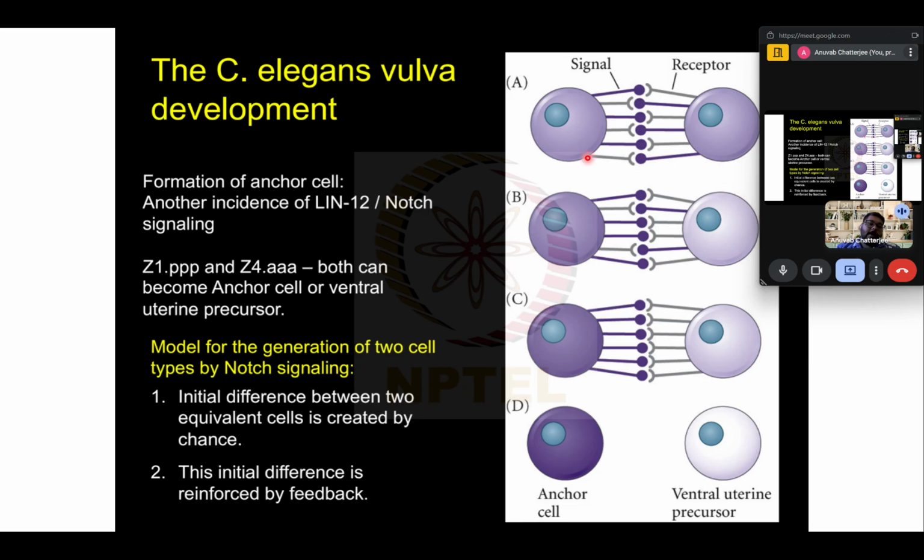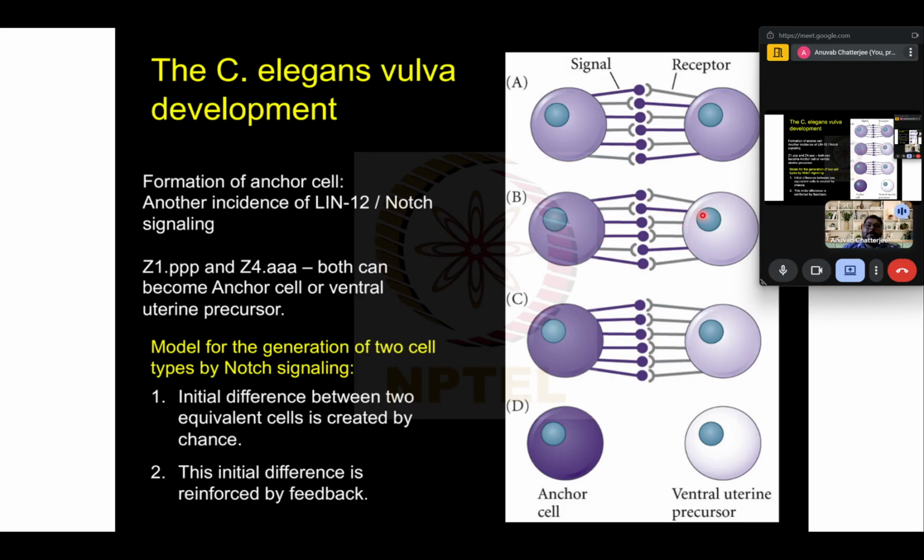So originally both the cells produce an equal number of Delta ligands, which are these bulbs, and the receptors, which are these hollow U's. Because the cells are equivalent, they produce the same amount, which interact with each other. But by random chance, one of them will start expressing a bit more ligand and the other a bit more receptor.